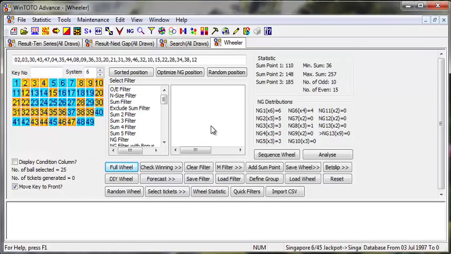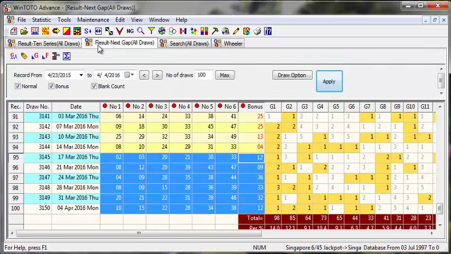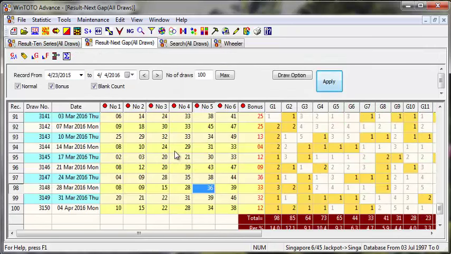I repeat again, if you were to take this group of numbers here, altogether 25 numbers, very good chance. You may see at least 4 to 5 winning numbers from here, and maybe 6 numbers, because the recent trend shows this way. Now this is one method that you can apply.